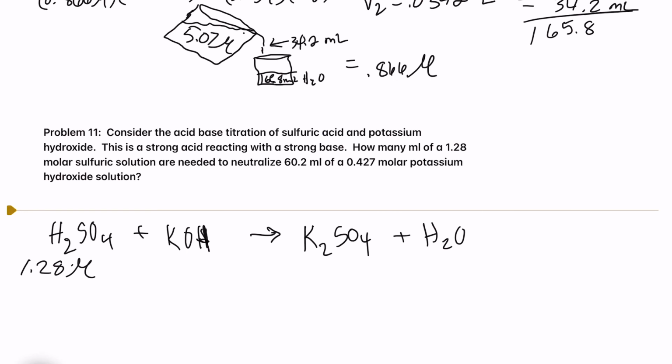Just to visualize what we're doing here, my original sulfuric acid solution is 1.28 molarity. My original molarity of my base, or my potassium hydroxide, was 0.427.